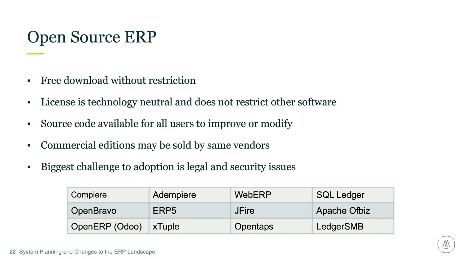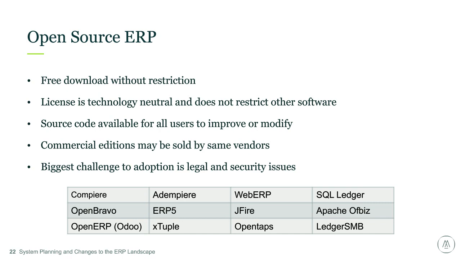With commercial ERP, you're renting the copyright from the vendor, and you either pay an upfront cost for the license, usually called a perpetual license, or you pay a monthly subscription. Perpetual license is most common with on-premise model, while monthly subscription is the standard for cloud ERP. A hosted ERP could be either of these. It could be either licensed perpetually or structured as monthly subscription payments.